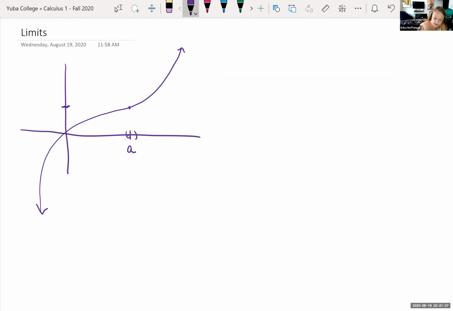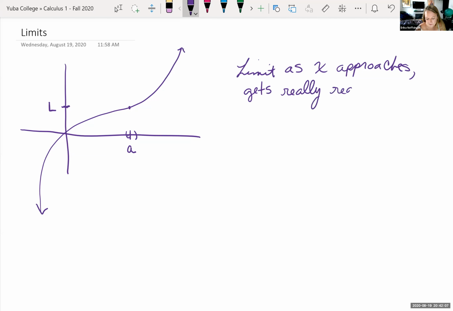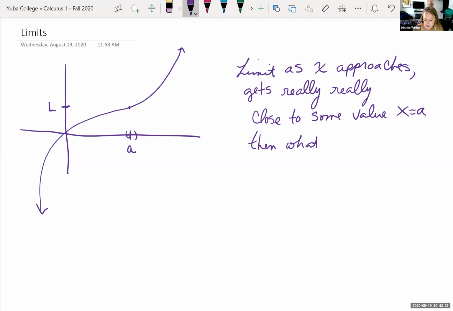So from over here at this point, or where it looks like it, let's say that this y value is called capital L. And so the limit as x approaches, gets really, really close to some value x equals a, then what is happening to the graph at that value?